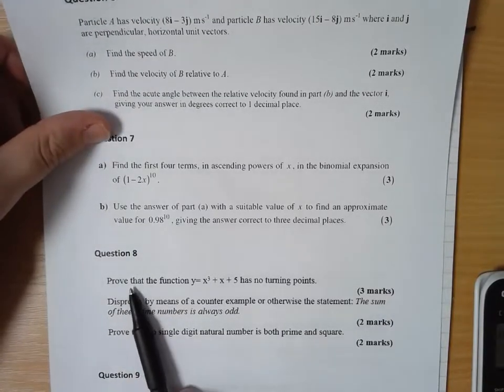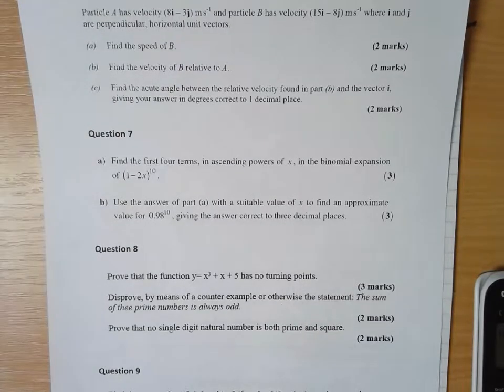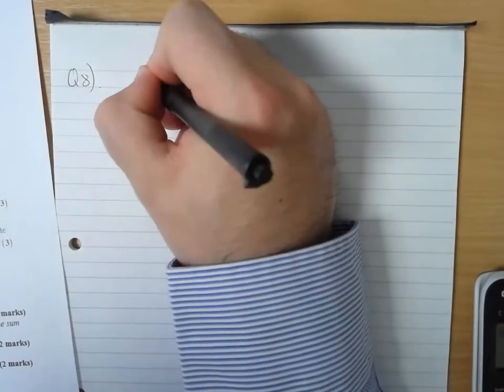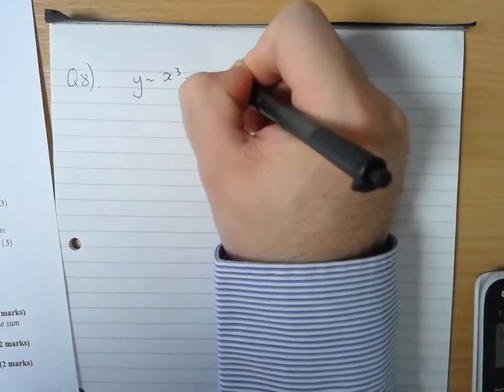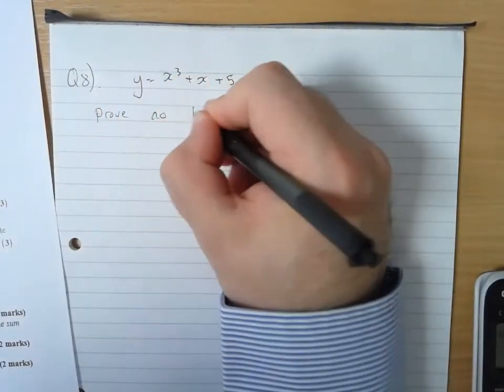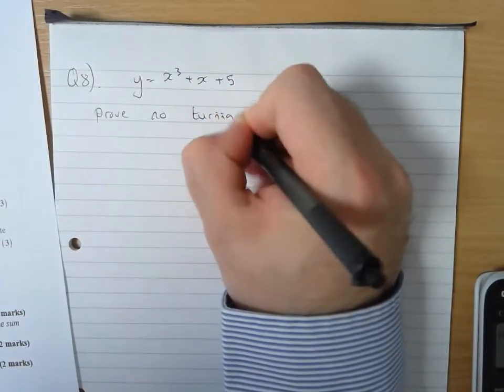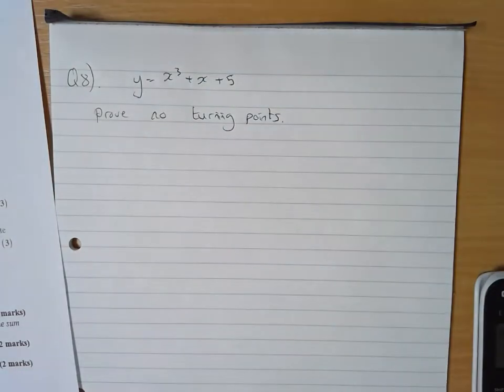So the first thing we're asked to do is prove that this function has no turning points. Whenever we see turning points, we should be thinking differentiate, set it equal to 0. So we've got y equals x cubed plus x plus 5. Prove no turning points.